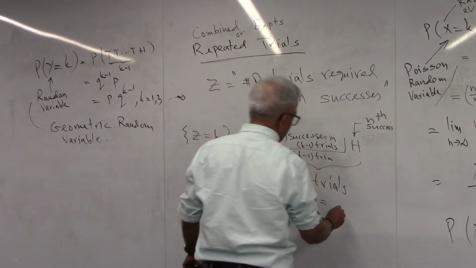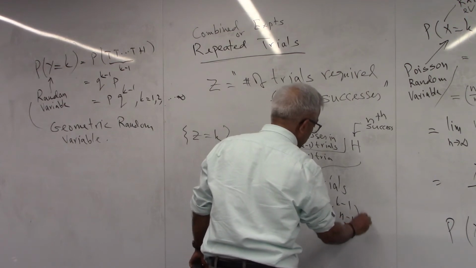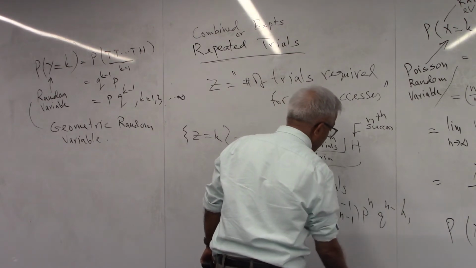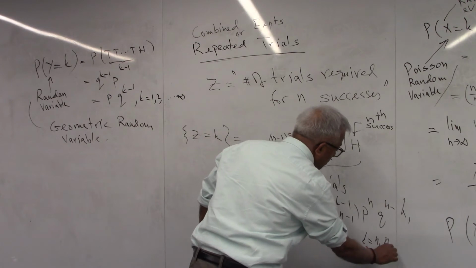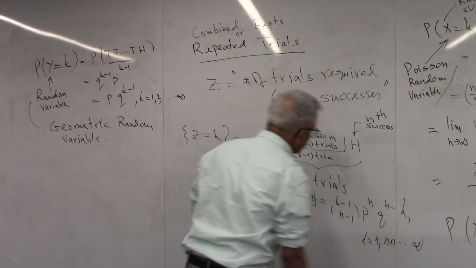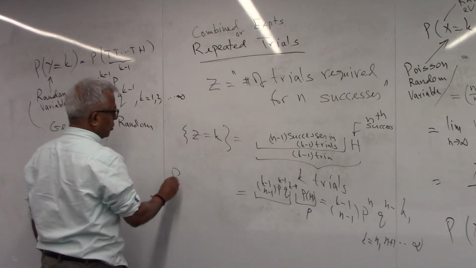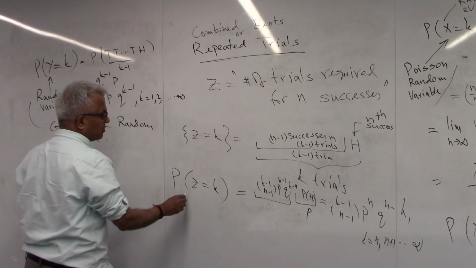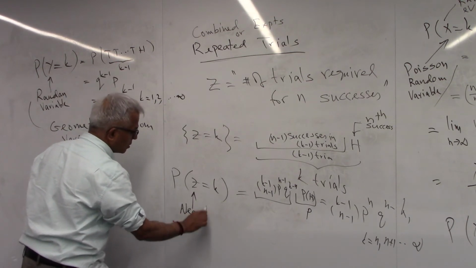If I multiply everything, this will be k minus 1 choose n minus 1, p to the power n, q to the power k minus n. And the number of trials k has to be at least n, or n plus 1, etc., all the way to infinity. So this is the probability of Z equal to k, the number of trials required. This is known as negative binomial.